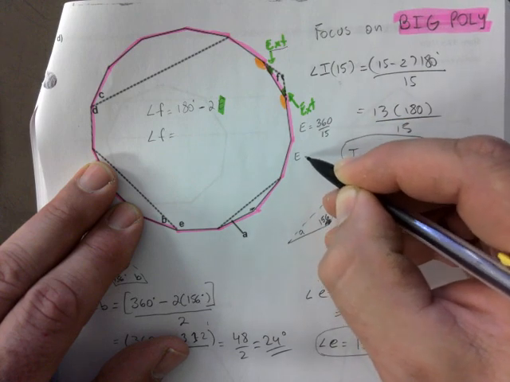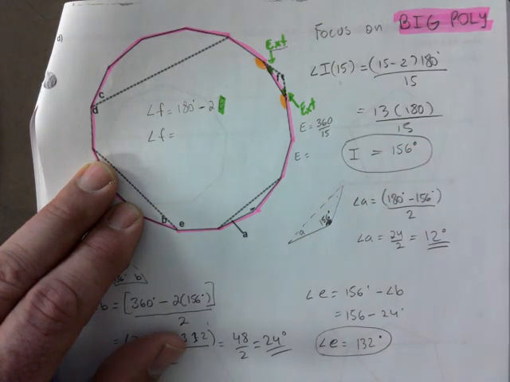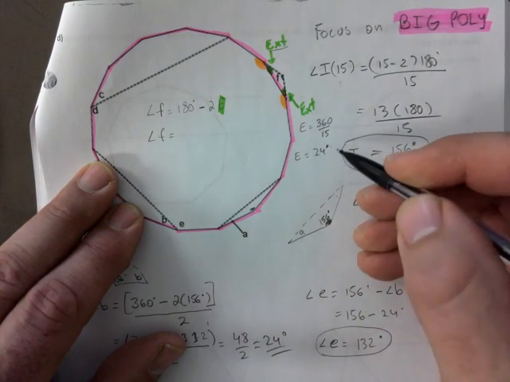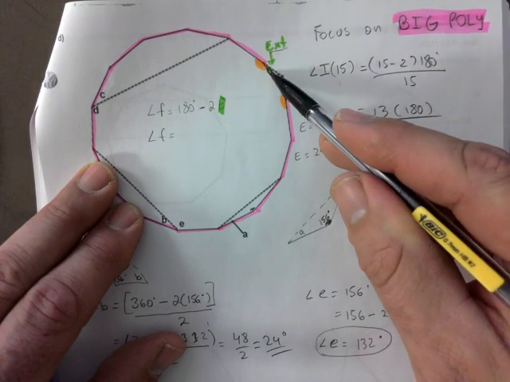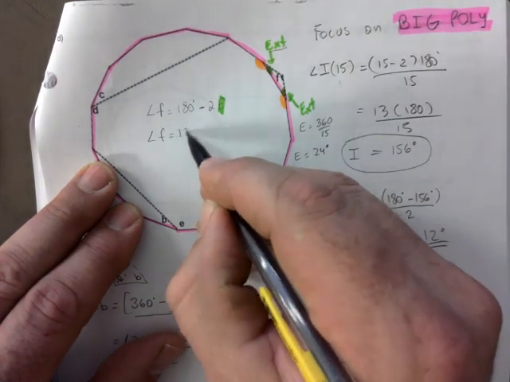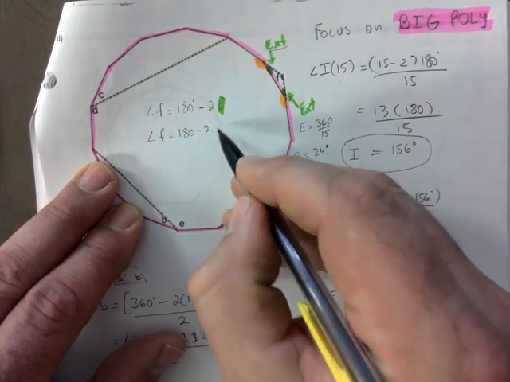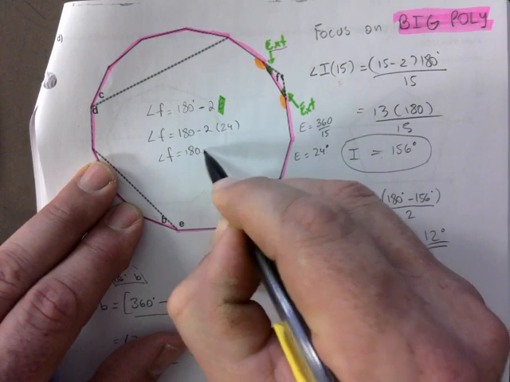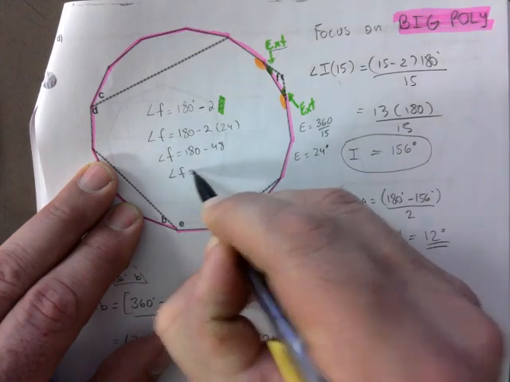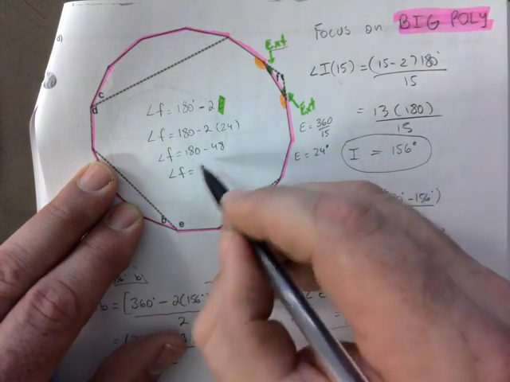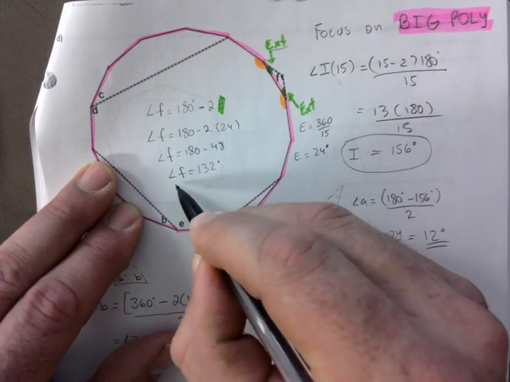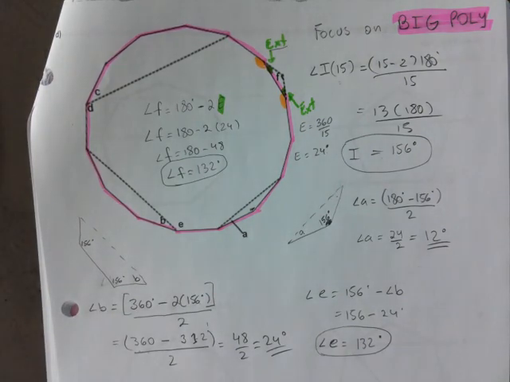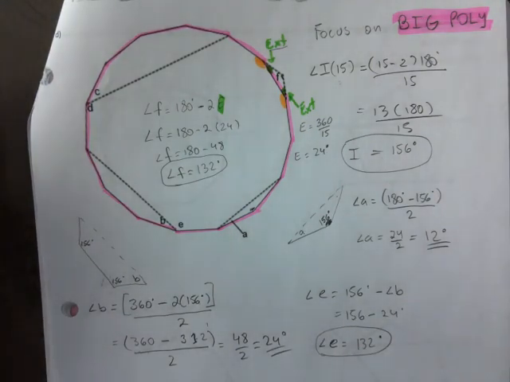That's how you find E, which is 24 degrees. So each one of these little ones is 24. So we're going to go 180 minus 2 times 24, so that's 132 degrees. So we have everything now solved.